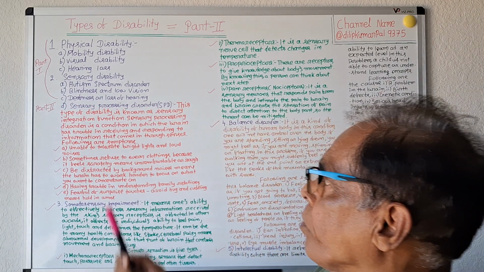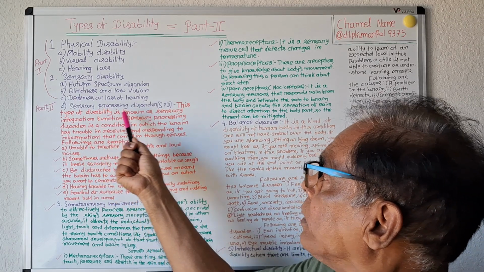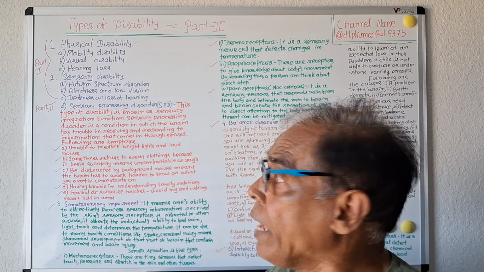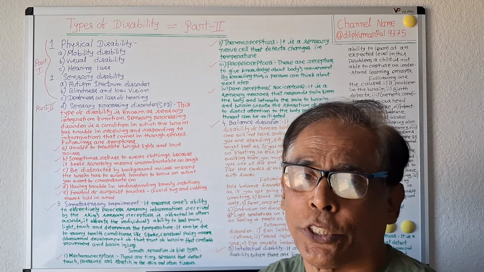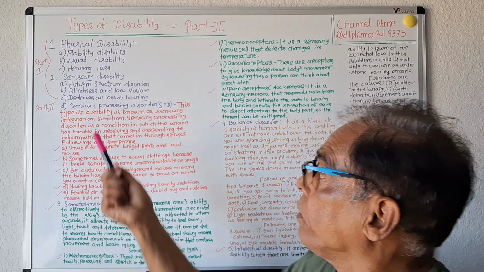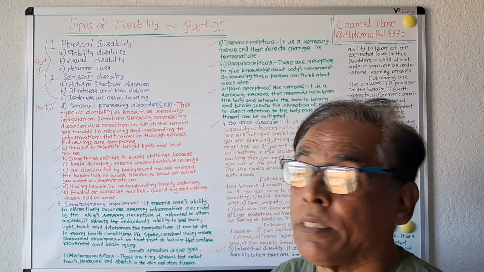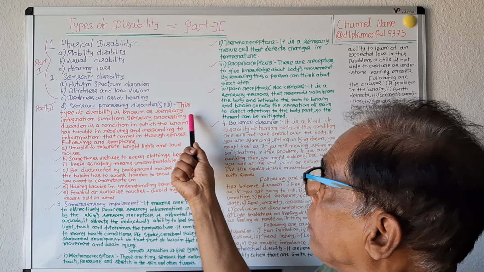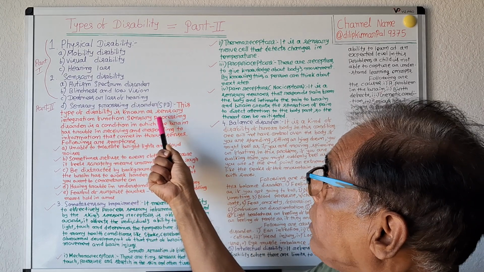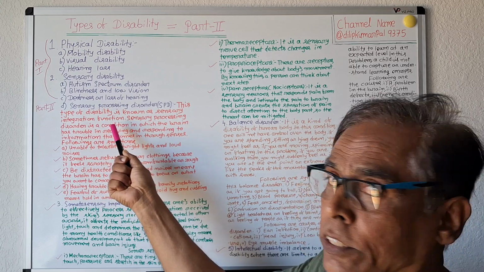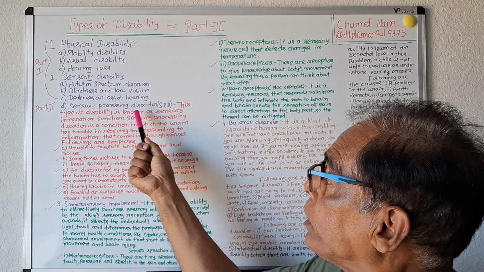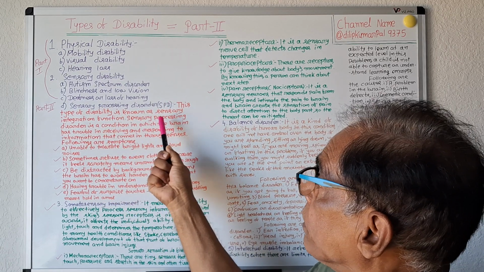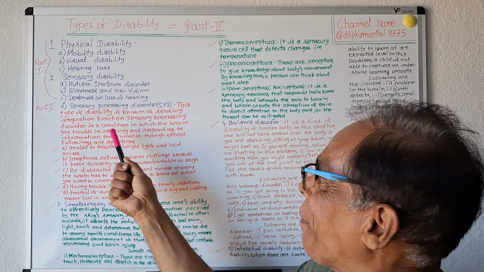Let us start. Sensory processing disorder, SPD. What does it mean? It is another type of sensory disability. So what is sensory processing disorder? This type of disability is otherwise known as sensory integration function.